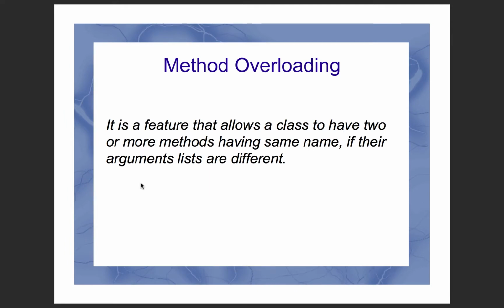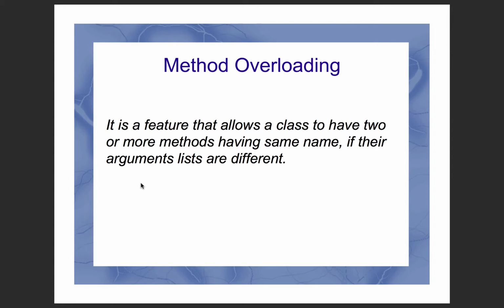Now the second idea of polymorphism is called method overloading. What is overloading? It is a feature that allows a class to have two or more methods having the same name if their arguments are different. We can have two different methods in the same class, both with the same name, but they can have different argument lists.